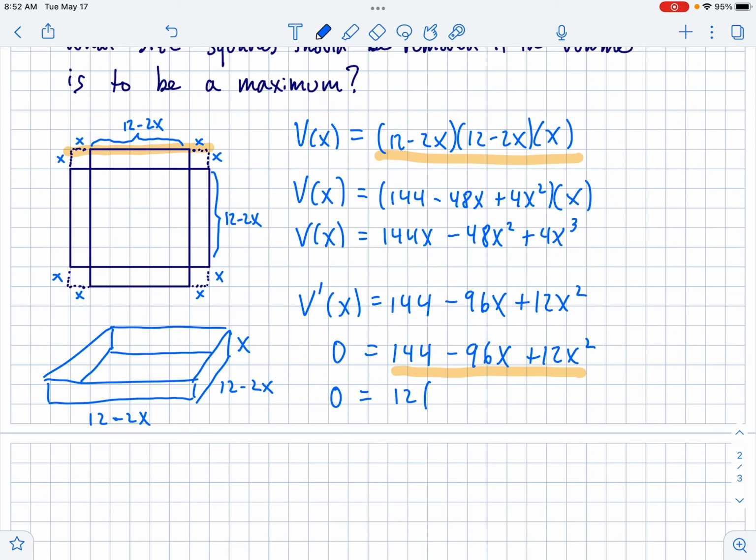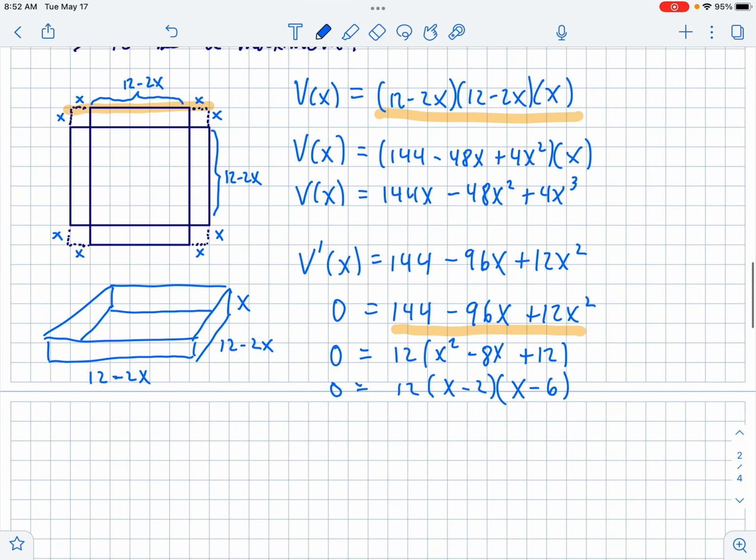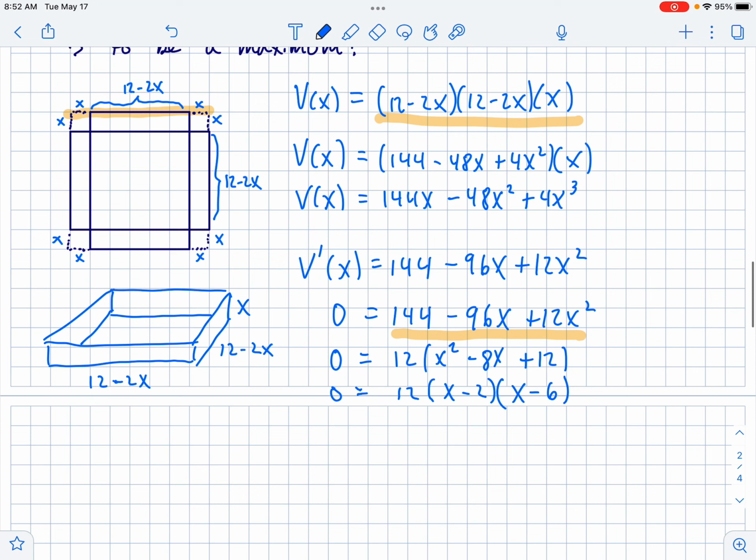I'll show you the factored way too: you could pull a 12 out of everything, and then there's x squared minus 8x plus 12 left inside. Two numbers that multiply to positive 12 and add to negative 8 are negative 2 and negative 6. So you get x minus 2 and x minus 6. Then when you set everything equal to 0, you get x is equal to 2 and 6.